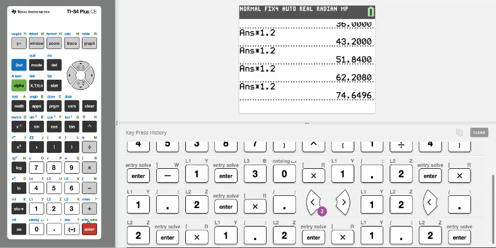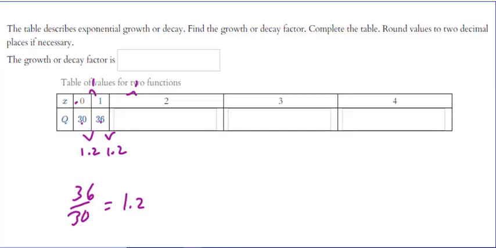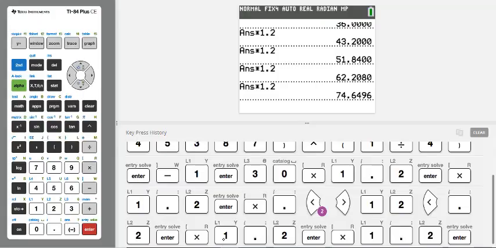So you got to make sure you kind of understand that about exponentials. Especially on these TIs, when you have the answer, if you just do the operation that you want that answer to be the first part of, it'll take the answer you had previously and do that, okay? So let's go back here.